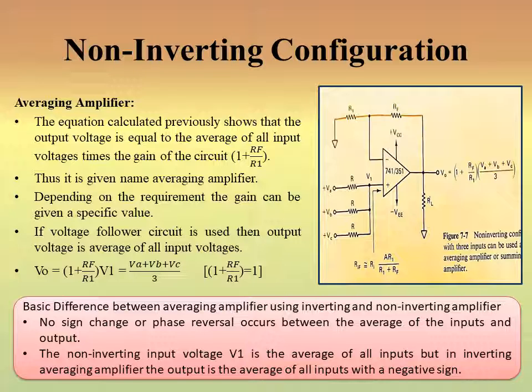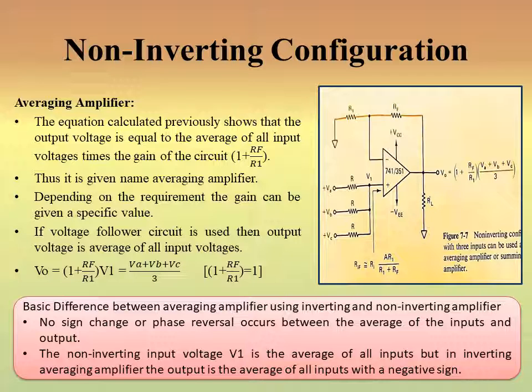Next, the non-inverting input voltage V1 is the average of all inputs, but in inverting averaging amplifier, the output is the average of all inputs with a negative sign. This is the basic difference between inverting configuration and non-inverting configuration.